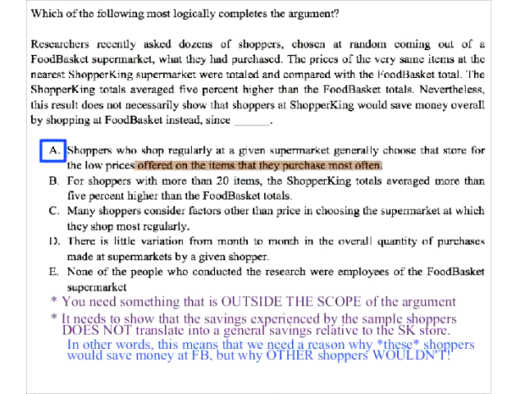According to A, our sample is likely to consist of people who come to Food Basket because the items that they want to buy are cheaper at Food Basket.